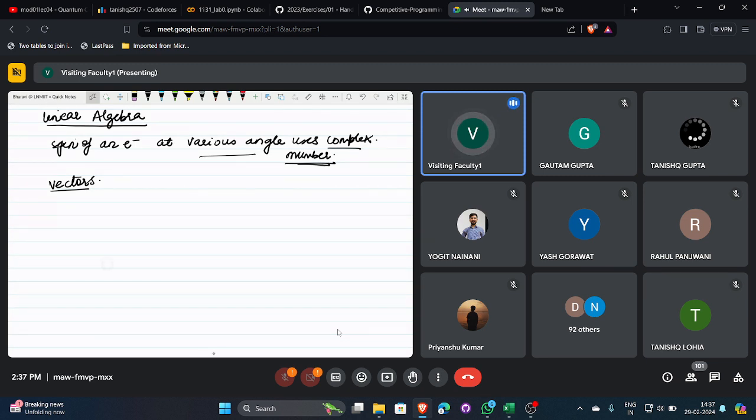Now when you list a vector vertically, we call it a ket. And when you represent a vector horizontally, we call it a bra.